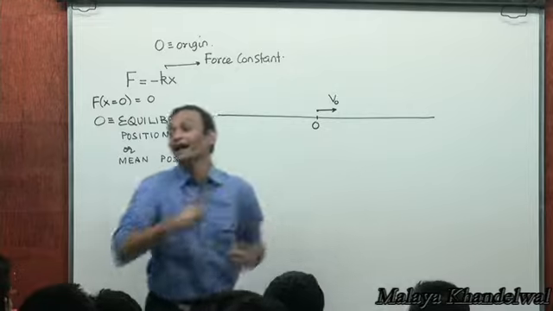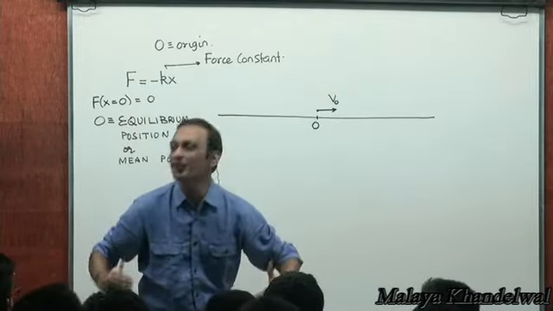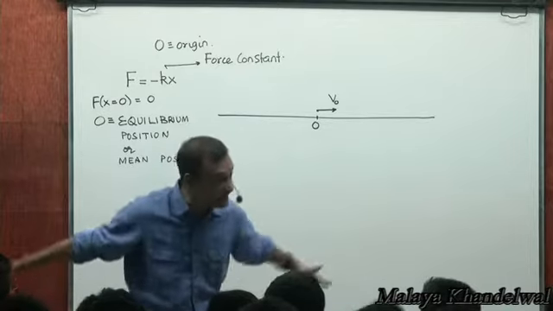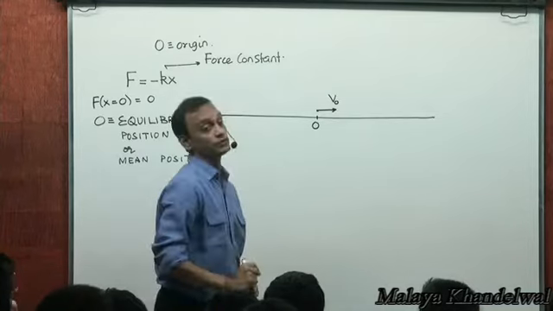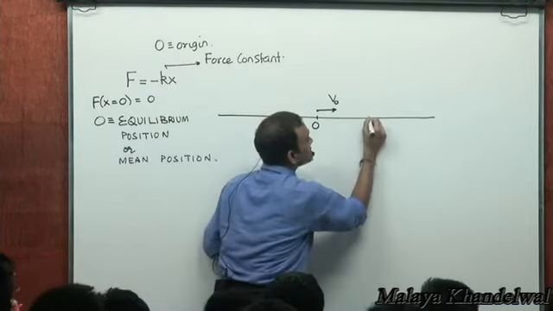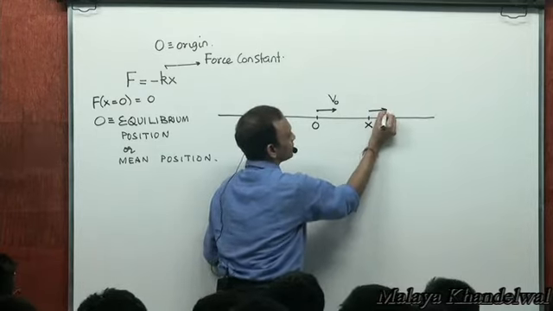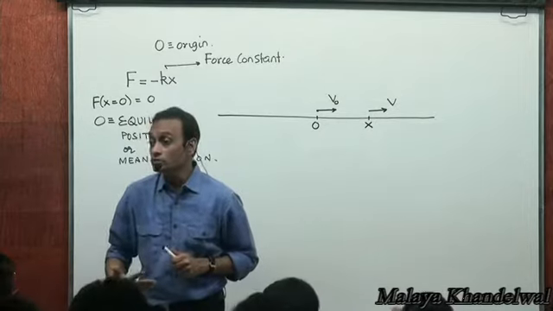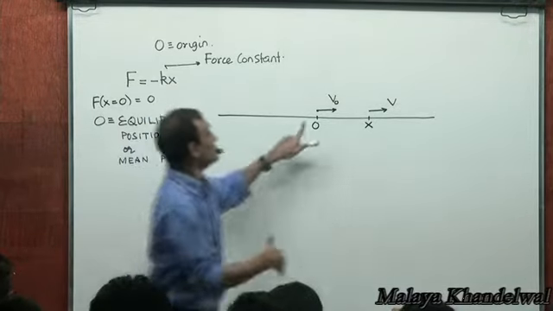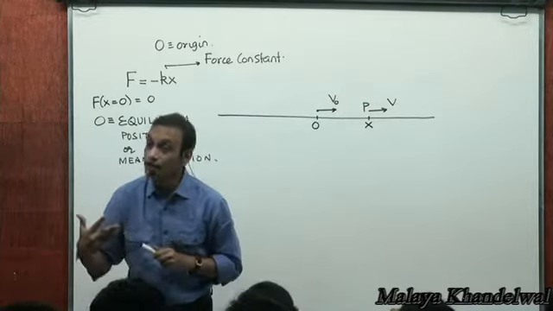The particle will then get retarded, and therefore its velocity will start depleting. The particle moves to the right to some x from O. It develops a velocity v, which is less than v naught, because the particle has been retarded from O to P.